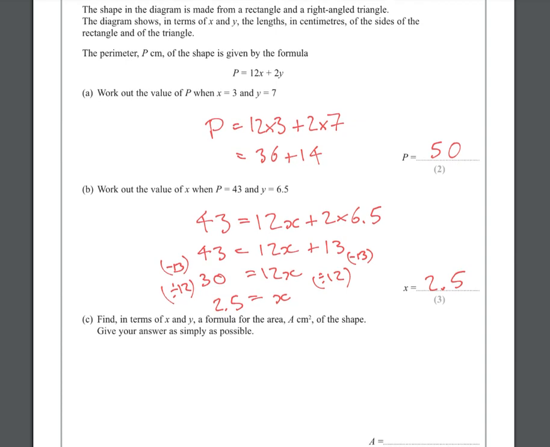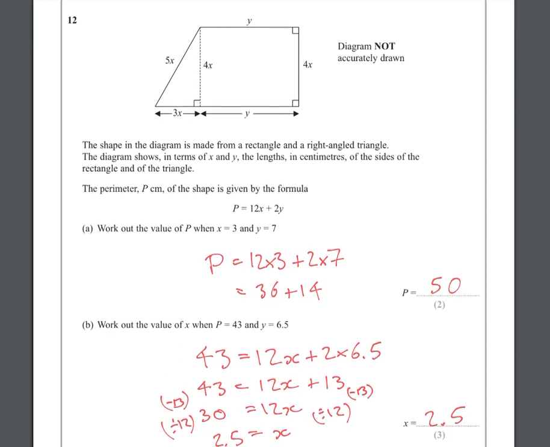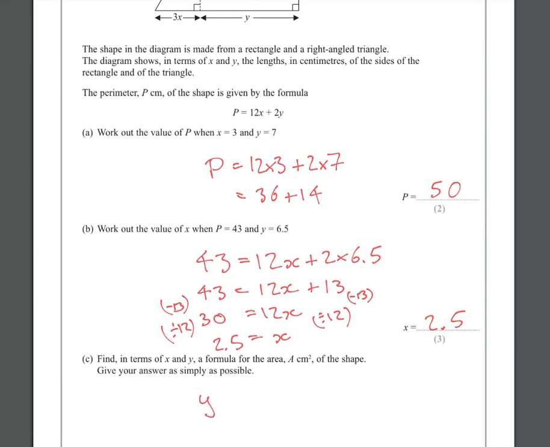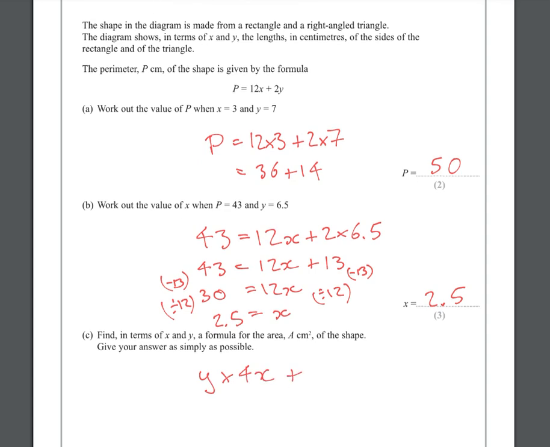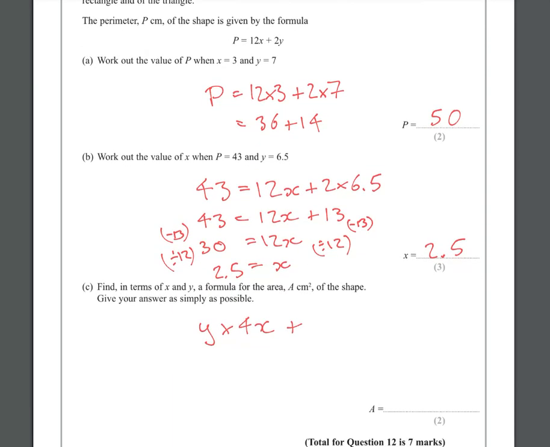Find in terms of X and Y a formula for the area of the shape and then simplify your answer. So the area, so we've got the rectangle on the right, that's Y times 4X. And then we've got the triangle on the left. So the triangle is the width by the height. So that's 3x by 4x.